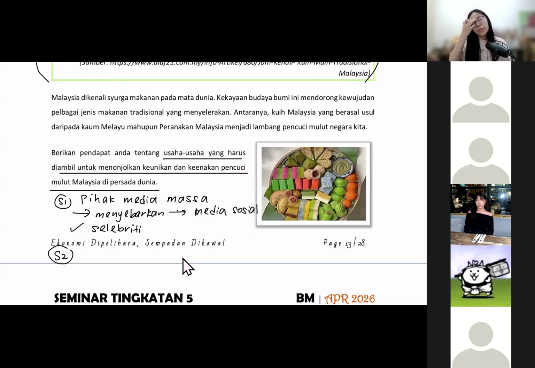Maybe you can say menyokong, which is support. If you want to say masyarakat, menyokong makanan tempatan atau makanan tradisional.